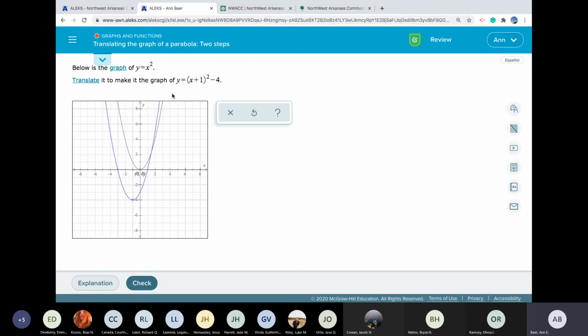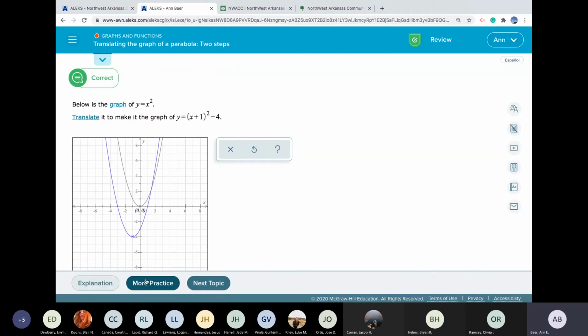So plug those numbers in. You can jot that down on your paper if you want. The y is -4, so -4 equals parenthesis -1 plus 1, squared, minus 4. -1 plus 1 is 0, 0 squared is 0, so I get -4 equals -4. Have a warm and fuzzy, correct?